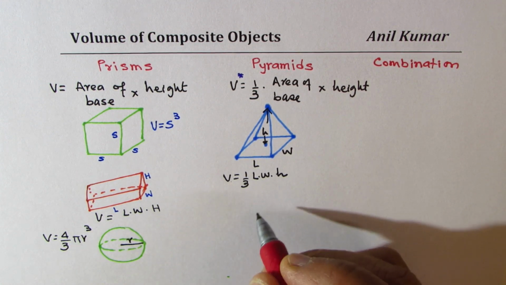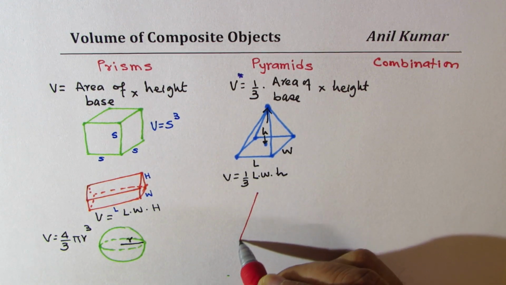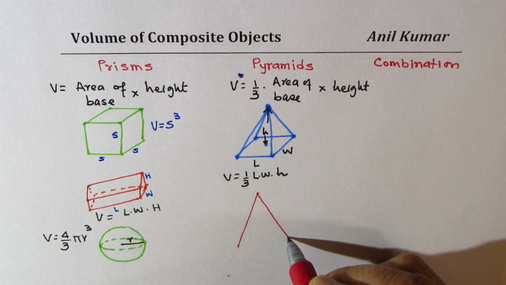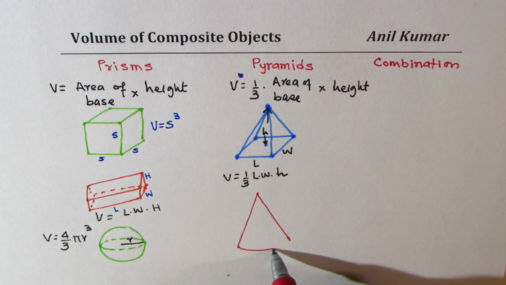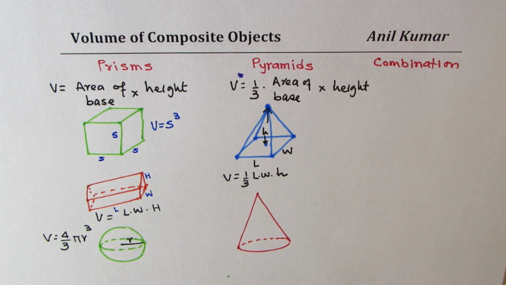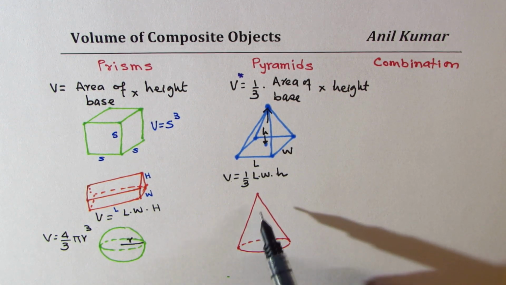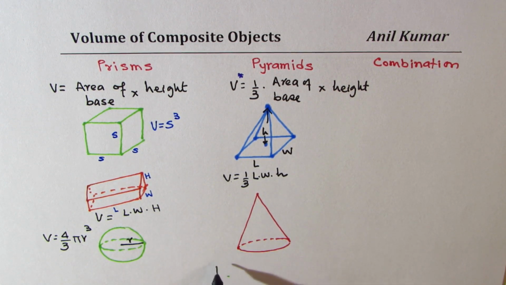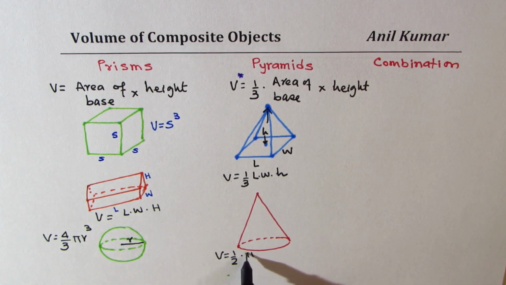You can also take the example of a cone, which is kind of a special case. Now, the volume here is 1/3 of area of the base, which is pi r square, times height, right?